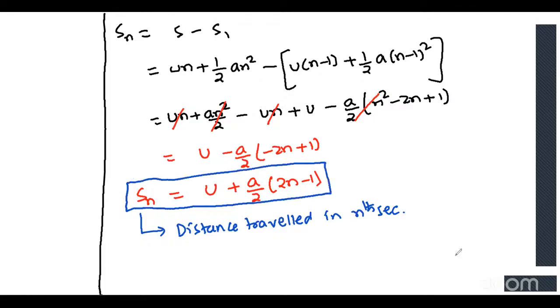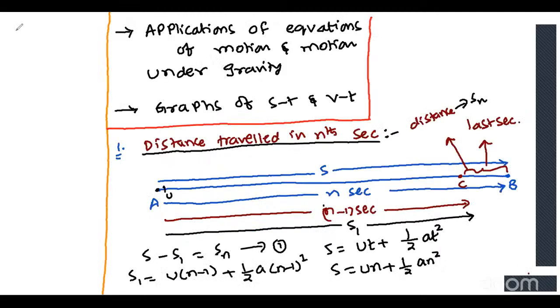Now, we already have s equal to ut plus half at square. Suppose the particle travels a distance s in 0 to 4 seconds, a fixed time interval of 4 seconds, traveling a distance or displacement. Then I will apply this formula.